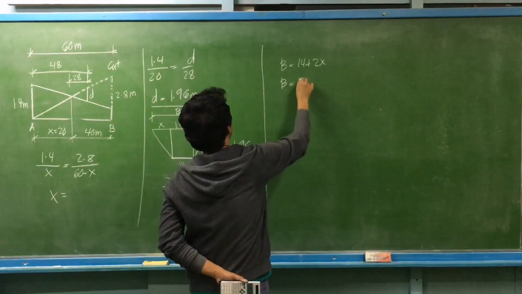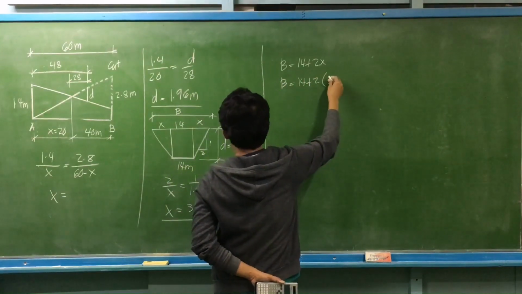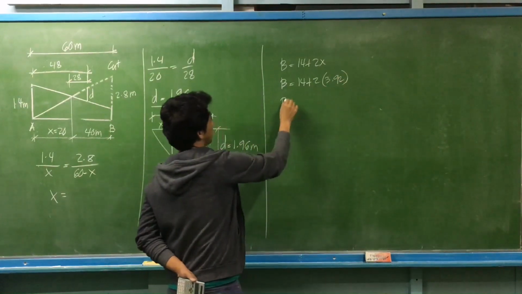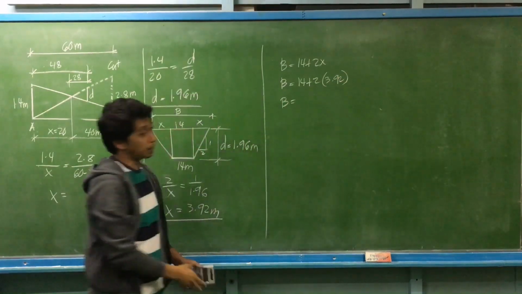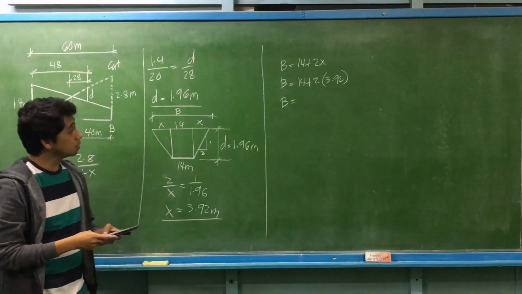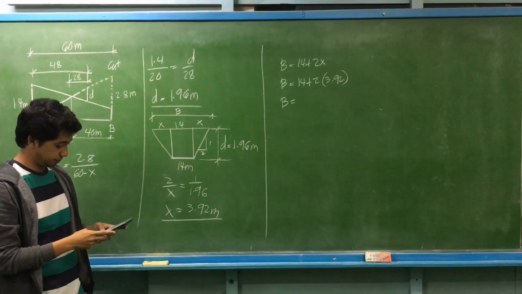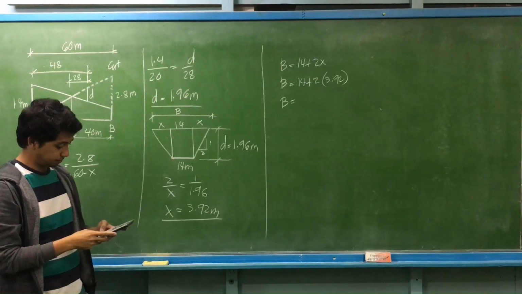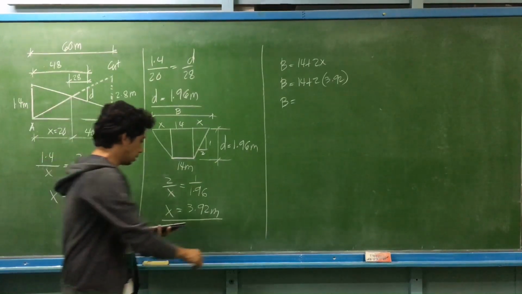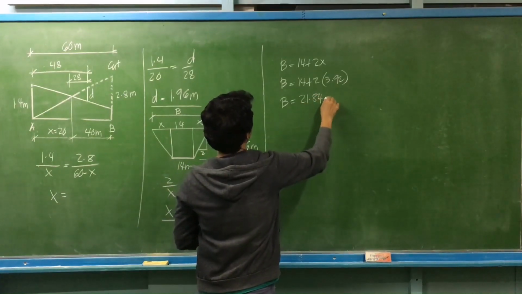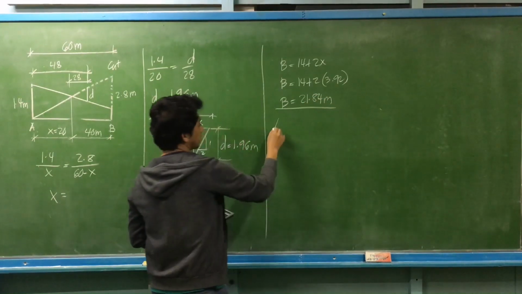Top base equal to 14 plus twice 3.92. So let's get the dimension of the top base of the trapezoid. The dimension will be equal to 21.84 meters. So how do we get the area of a trapezoid?